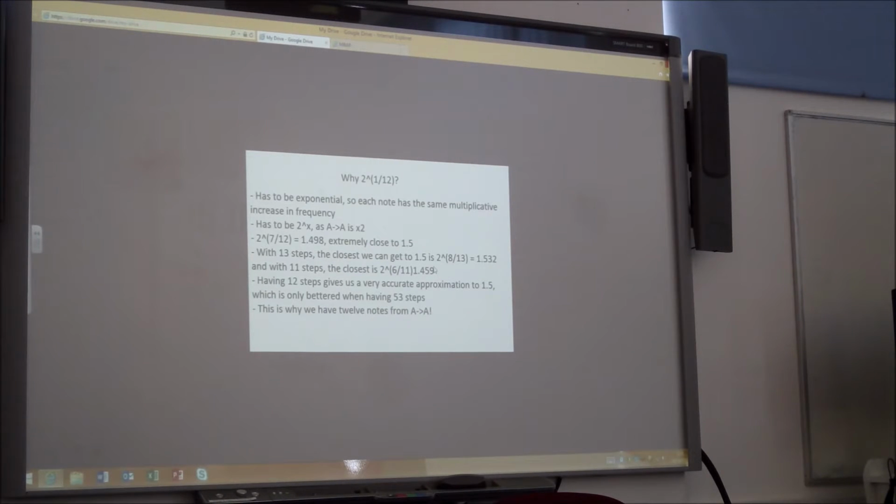So having 12 steps means that we have this note partly in between, which has an excellent relationship with the note we started on. And it also means that we can start from any note and go up by 7 notes to have this same 1.5, no matter where we start. And that is why there are 12 notes on your keyboard. 12 notes on your violin, on your saxophone, your marimba, whatever.